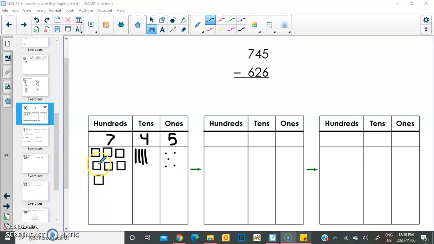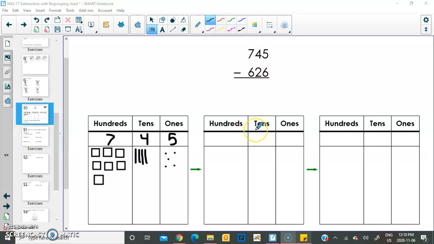As you can see, I have 7 hundreds, 4 tens rods, and 5 ones blocks. Now, because I can't take 6 away from 5, I need to regroup. I need to regroup 1 ten as 10 ones.